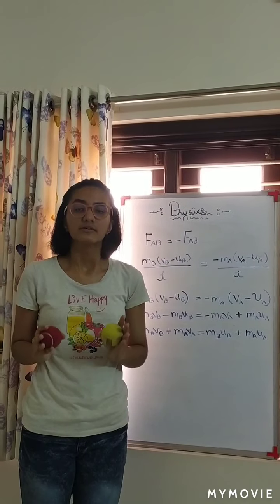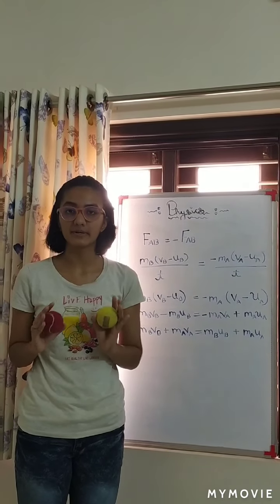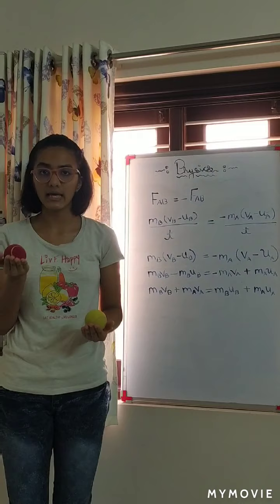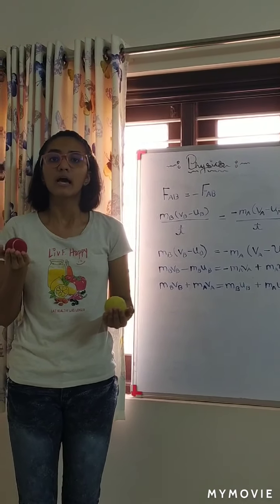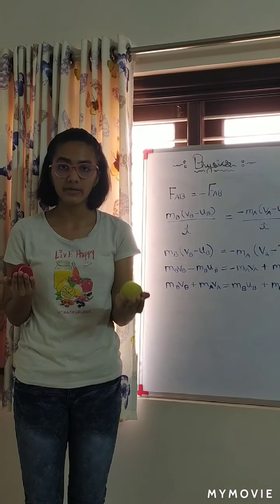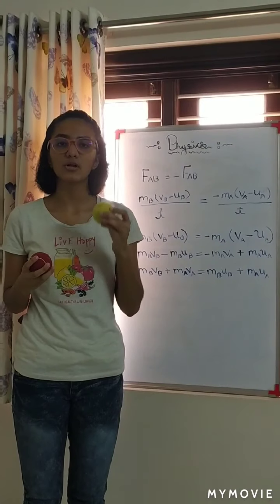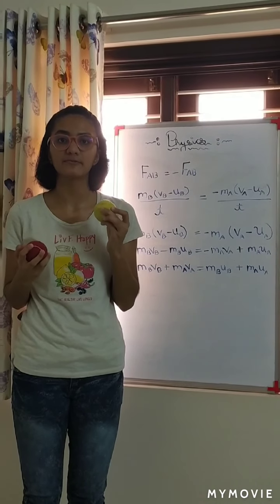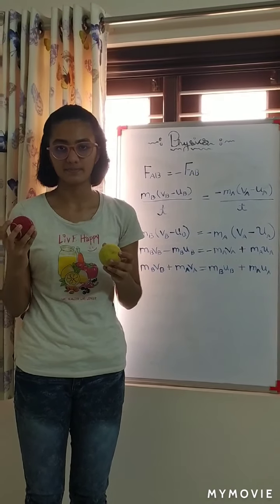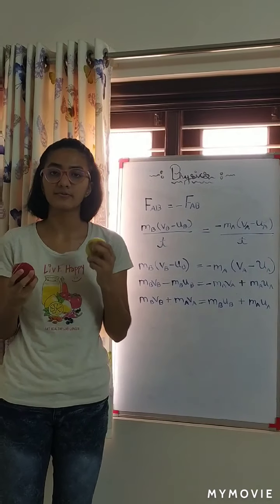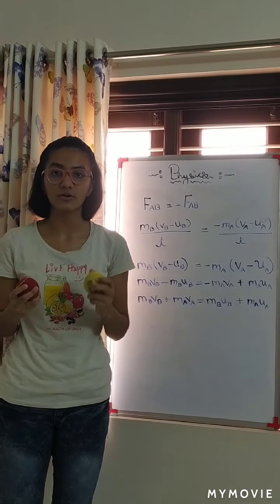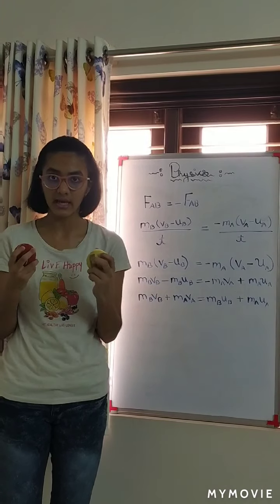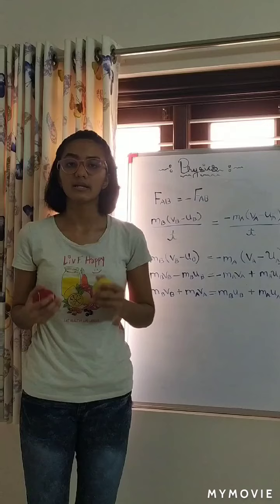During the collision, which lasts for time t, ball A exerts a force FBA on ball B, and ball B exerts a force FAB on ball A. Let VA and VB be the velocities of the two balls A and B respectively after collision.